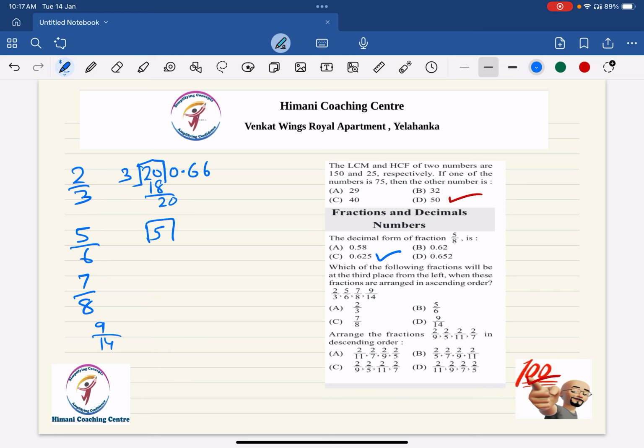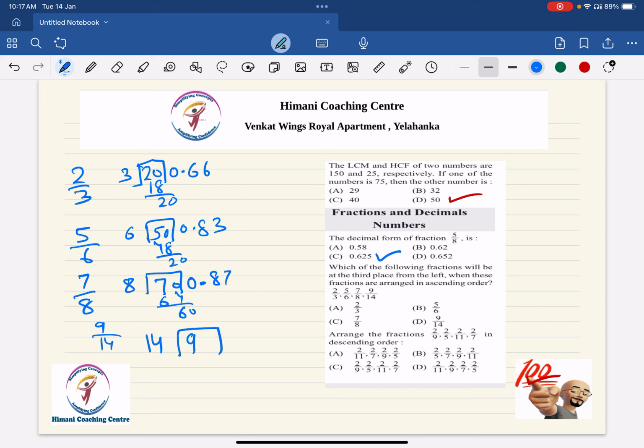Divide 5 by 6, again we will have a 0 and then point, then 6 8s are 48, 10 minus 8 is 2, then 6 3s are 18. So we are getting approximately 0.83. Now 7 by 8, so do this. So again a 0 and then decimal, then 8 8s are 64, 10 minus 4 is 6, 8 7s are 56. Okay. Then we have to divide 9 by 14.